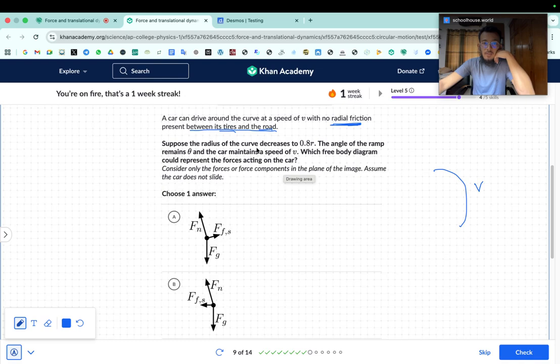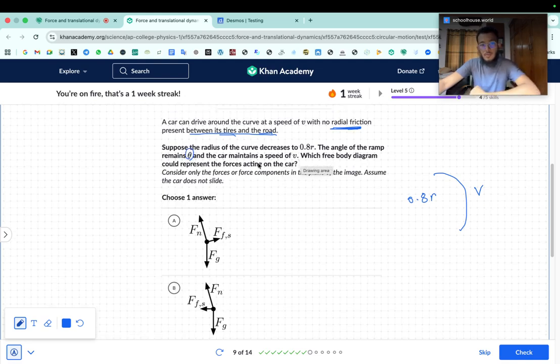Suppose the radius of the curve decreases to 0.8 r. The angle of the ramp remains theta, and the car maintains the speed of v. Which free body diagram could represent the forces acting on the car? Consider only the forces or force components in the plane of the image. Assume the car does not slide.